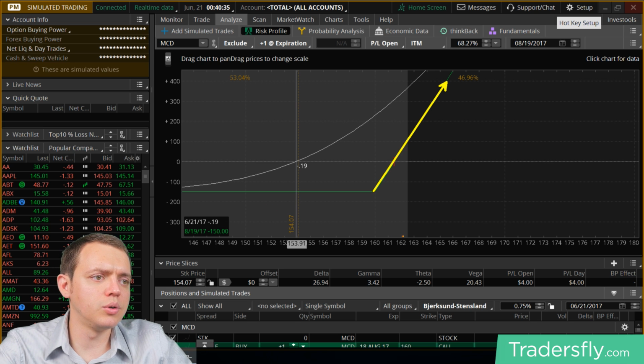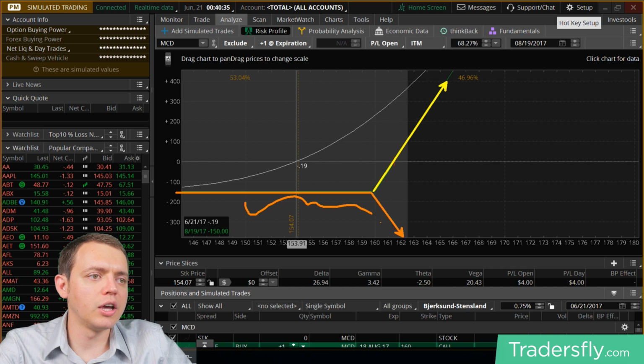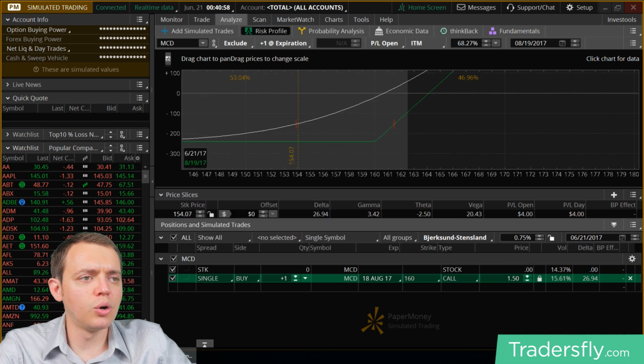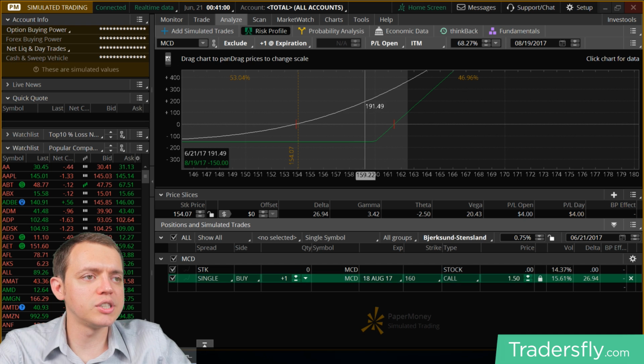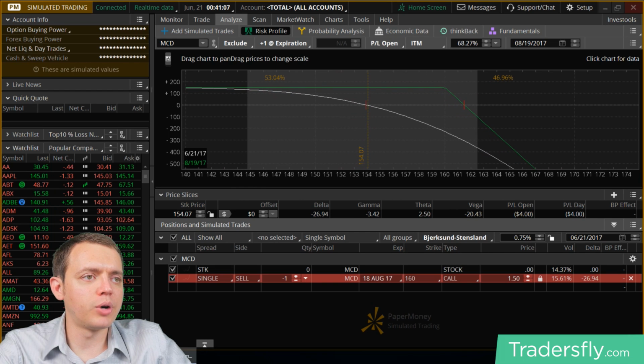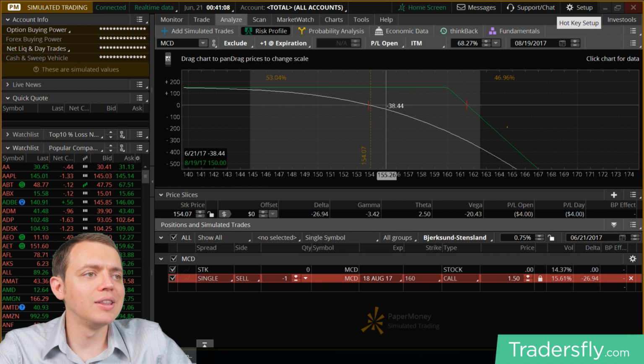Let's see if we can do an orange color. So right there, I'm actually looking at this side of the call, or the opposite side of the trade. If I flip this, you'll notice how that arm will just go down, right? So I'll flip it, and you can see, boom, right there. So now I have unlimited loss to the upside.